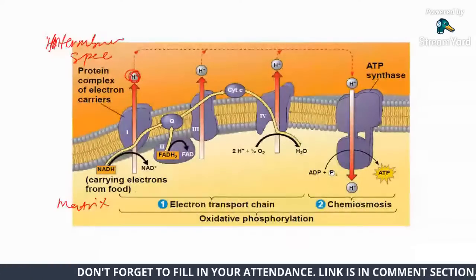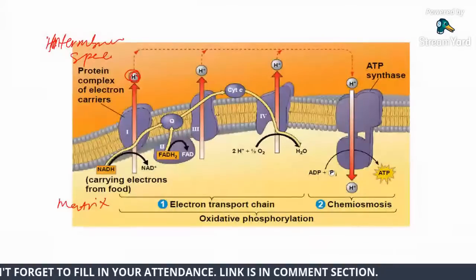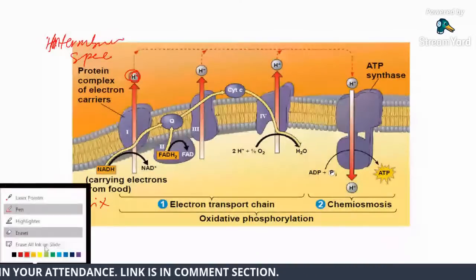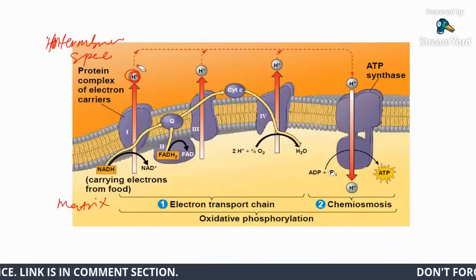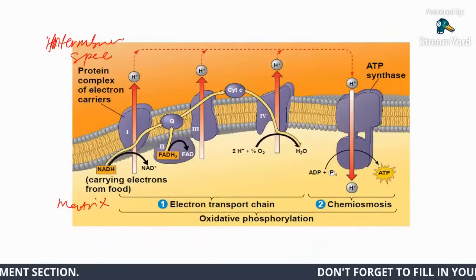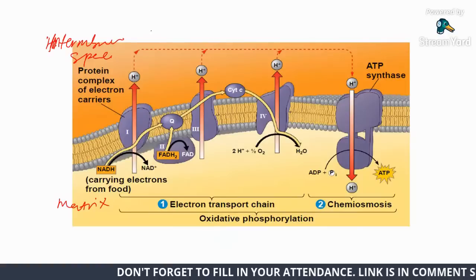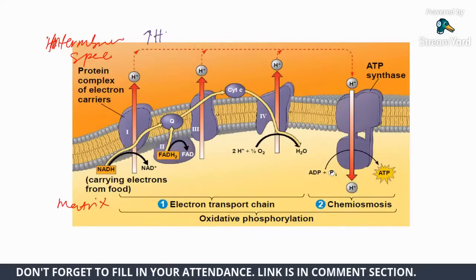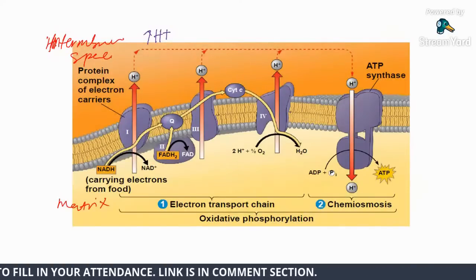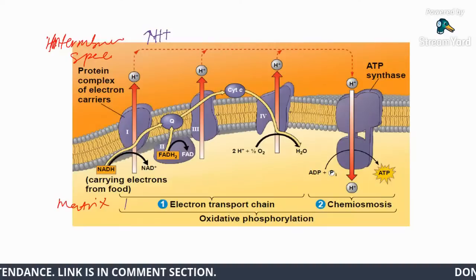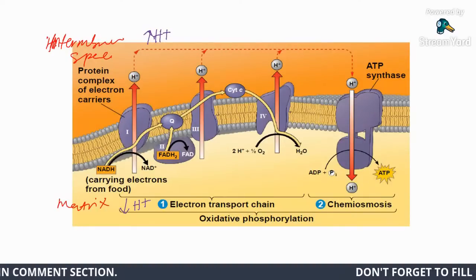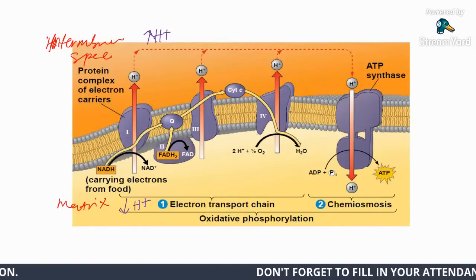So this electron transport chain is important to maintain the electrochemical gradient, where we always have high H+ concentration in the intermembrane space, and low H+ concentration in the mitochondrial matrix.